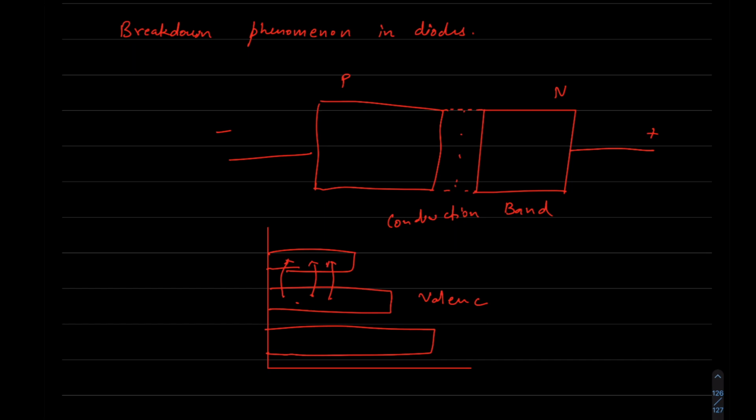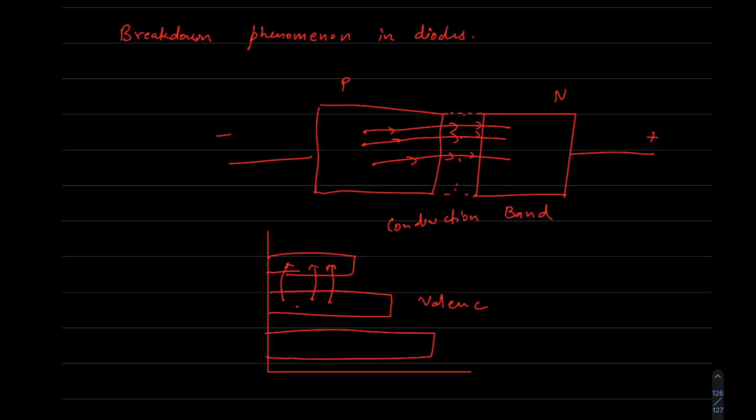From P, they start going towards N, and current starts flowing, right? These electrons have essentially moved from the valence band to the conduction band. In this situation, we can limit the number of free electrons produced by the applied voltage.